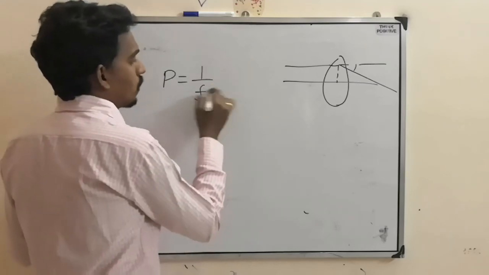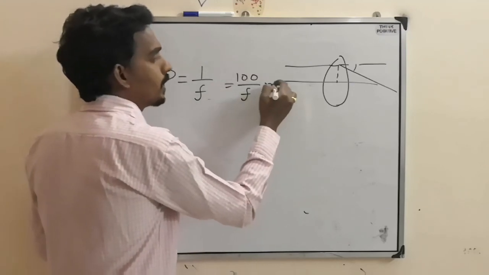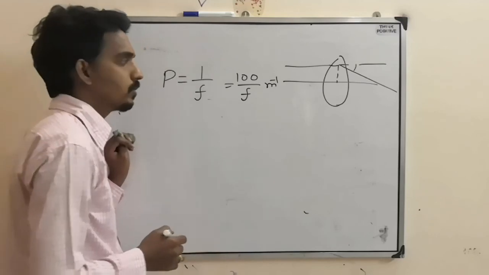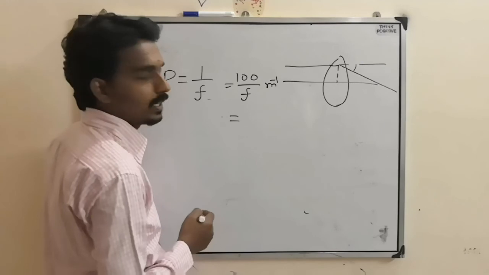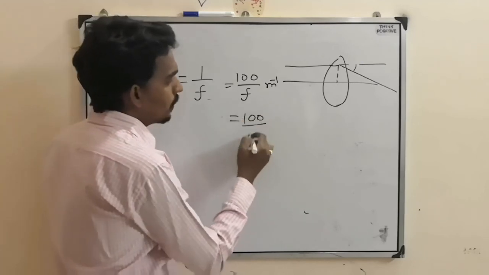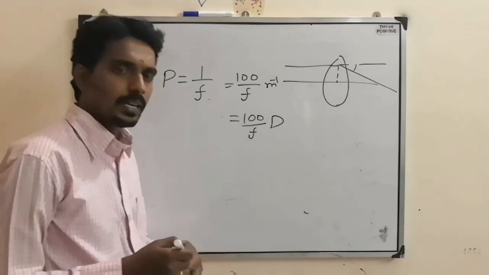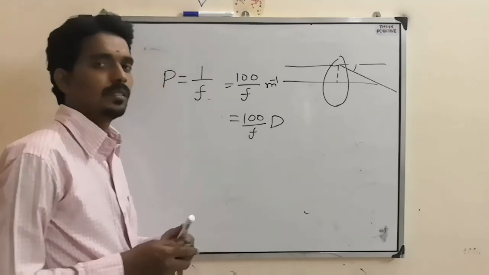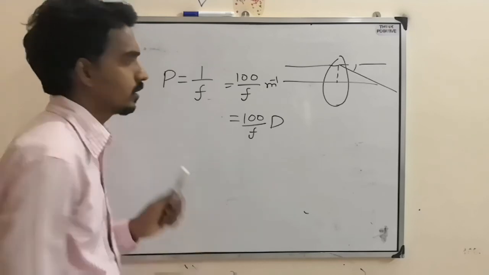That power formula is 1 by F, or 100 by F per meter. In terms of meter always we calculate, so F you can take in centimeter directly. This 100 by F per meter is nothing but diopter. So this way you can find the power of a lens.